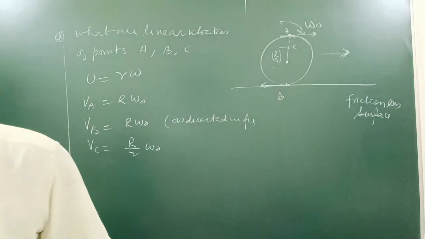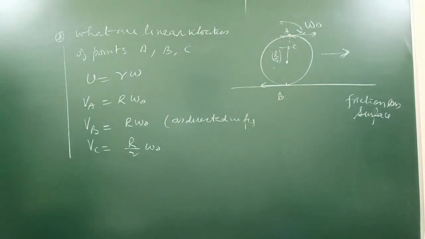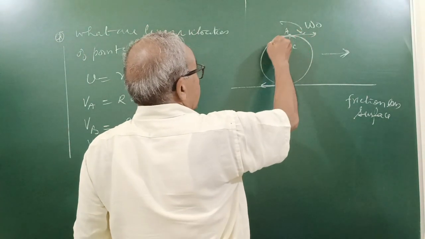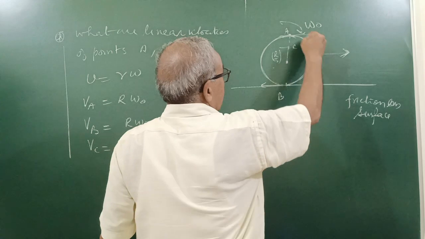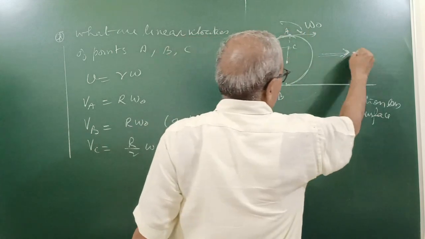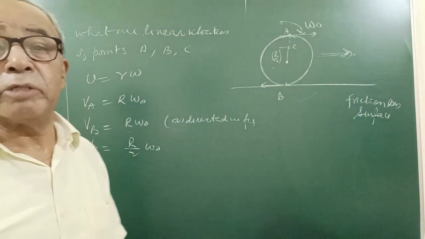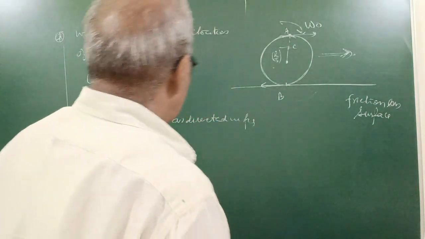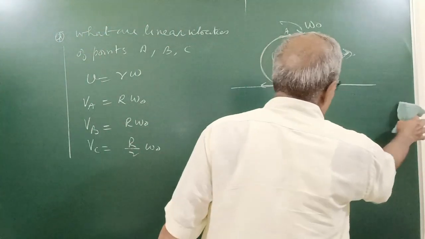Secondly, he is asking: will the disk roll in the direction indicated? Will the center of mass move in that direction? The surface is frictionless.